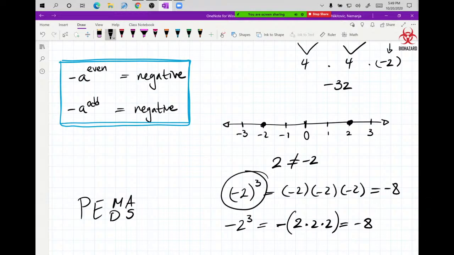Over here, negative and 2 are grouped with parentheses, and then you use the exponent. So negative is grouped with the 2, and that's why negative shows up 3 times, because negative was associated with 2, and together they were cubed.